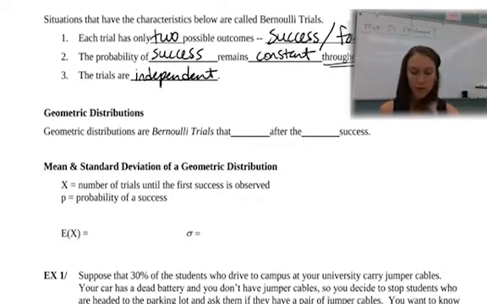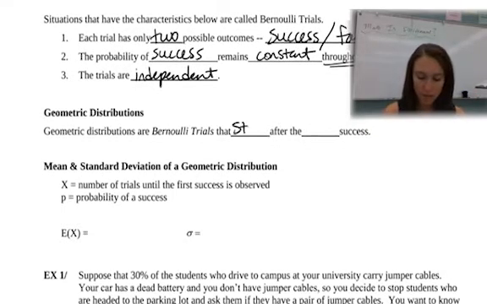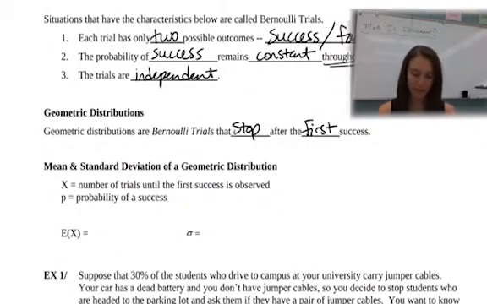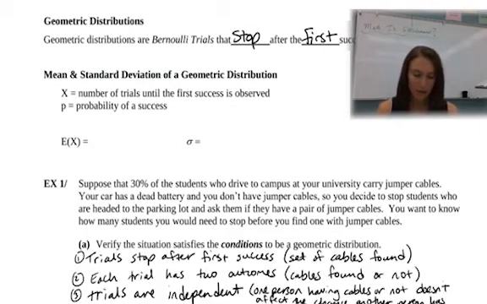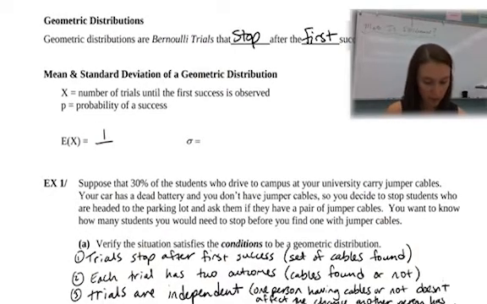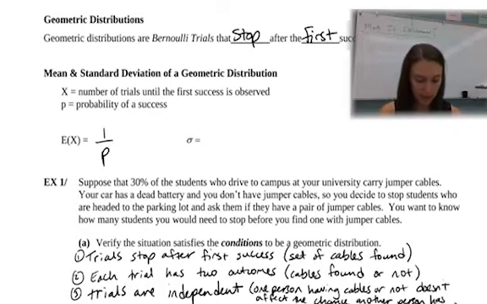Geometric distributions are Bernoulli trials that stop after the first success. If X is the number of trials until the first success is observed, and P is the probability of success, then the expected value of the number of trials until the first success is observed is going to be 1 divided by P. And our standard deviation is going to be the square root of (1 minus P) divided by P squared.